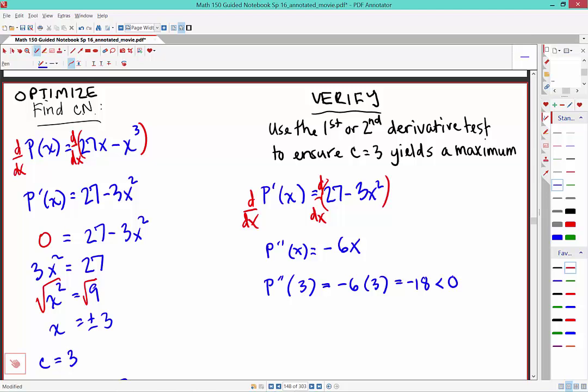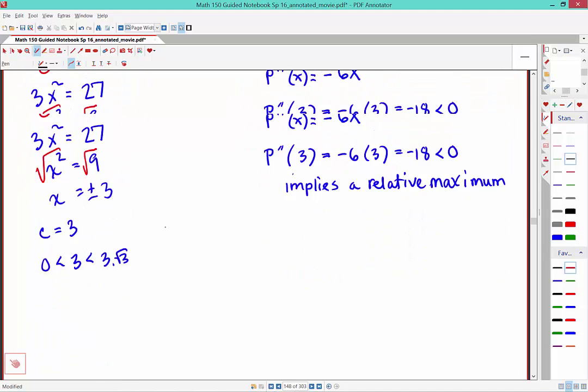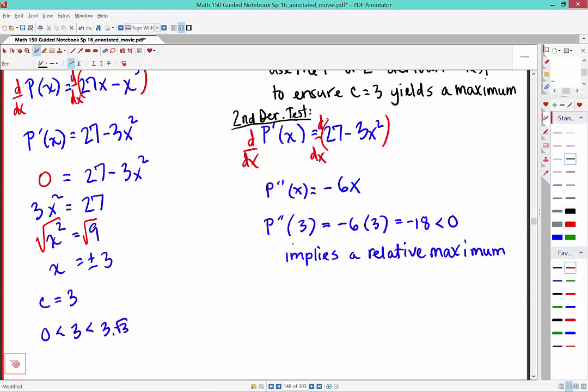So that implies a relative maximum. And so this one, I'm using the second derivative test. Cool?